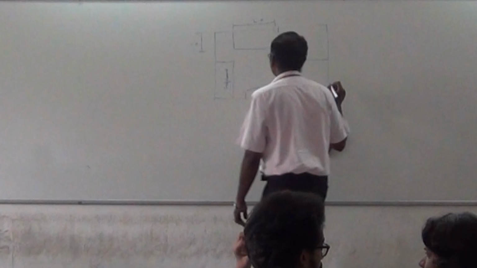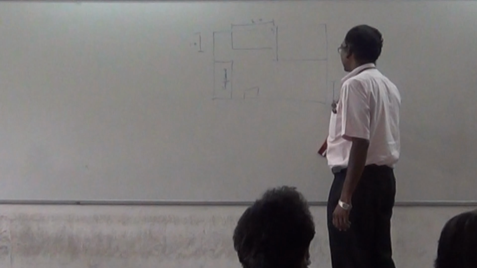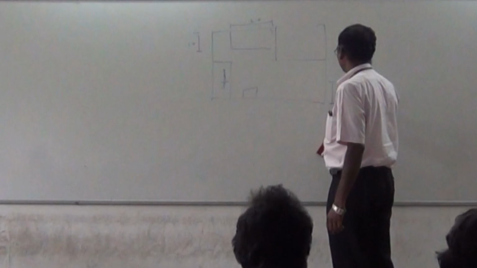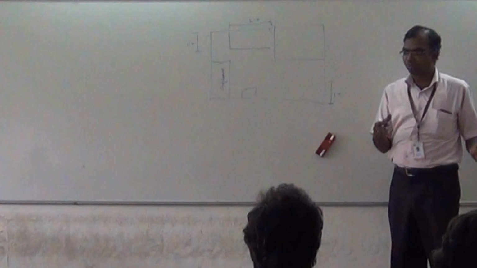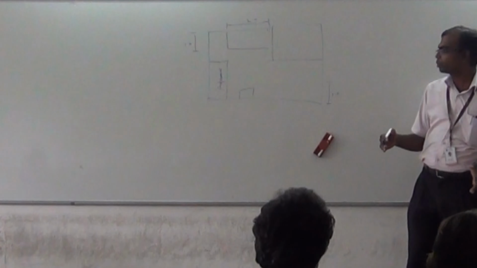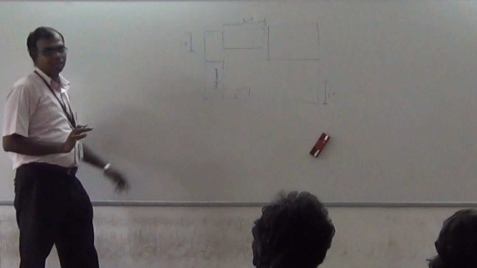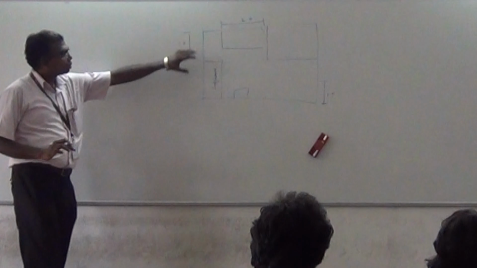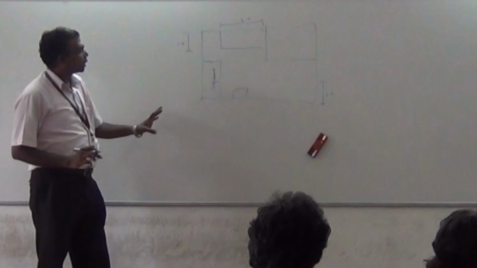Now this side passage has to be at least 0.9 for a single leaf door. I am going to keep 1 meter as the width of the door. So I am going to keep passage 1 meter. This 1 meter is again going to be the width of the door. So this one is fixed. Now what remains is, this is not to scale.